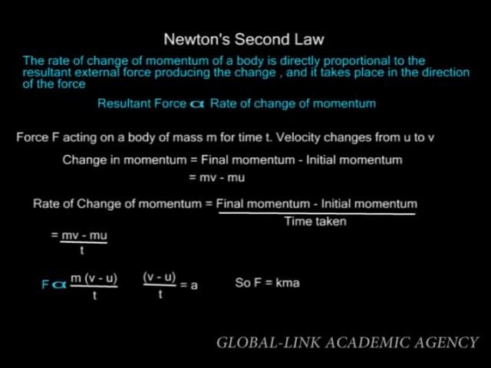The Newton is that force which produces an acceleration of 1 meter per second squared when it acts on a mass of 1 kilogram. This definition gives F equal to 1 newton, a equal to 1 meter per second squared, and m equal to 1 kilogram. Therefore, substituting in F equal to kma leaves k equal to 1, and therefore F is equal to ma. Force is equal to mass times acceleration.